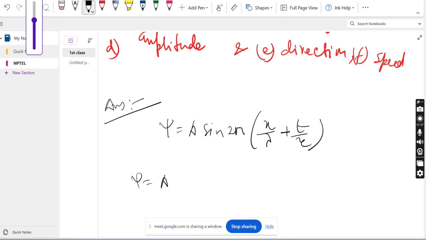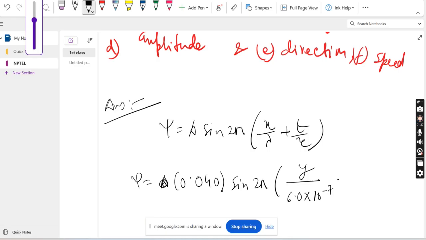So this is 0.040 sine 2 pi times y over 6.0 plus t over 2.0 into 10 to the power minus 15. Here, instead of x, it is y because the wave is propagating in the y direction.